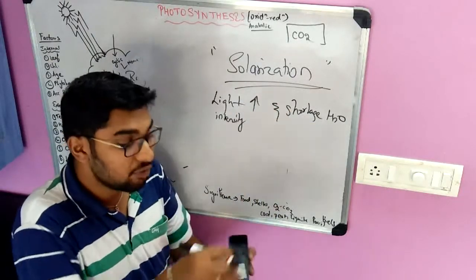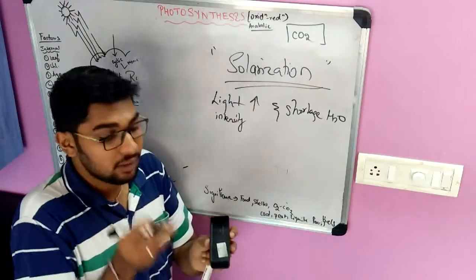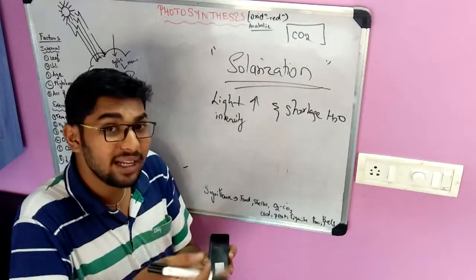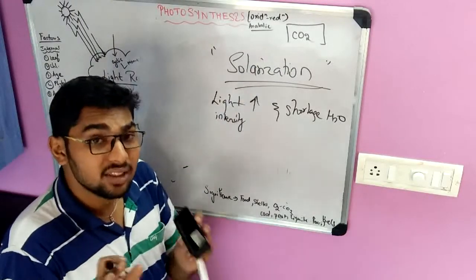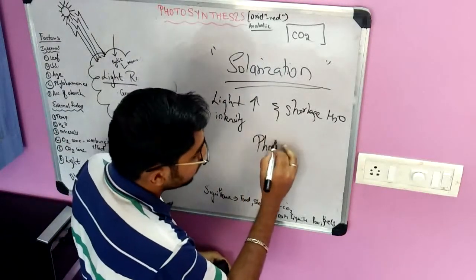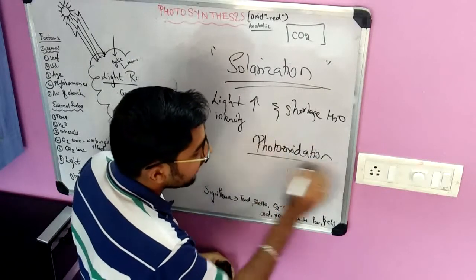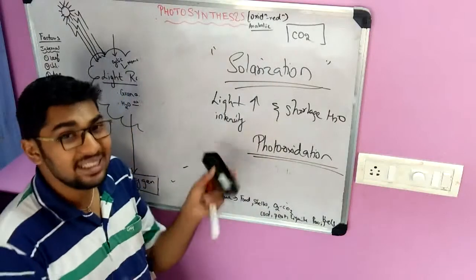Then what happens? The photosynthetic apparatus, the chloroplast, the chlorophyll, plastids, photosystems, all will get oxidized. This is called photooxidation. Oxidation due to photo. Photo means light.